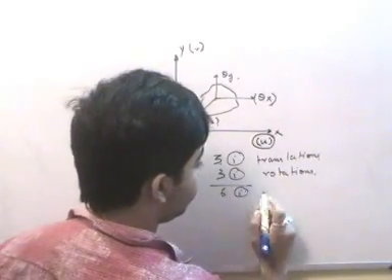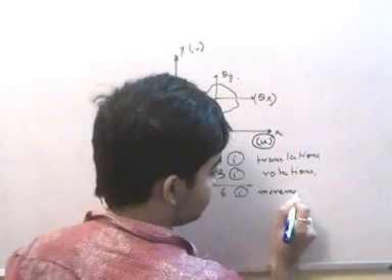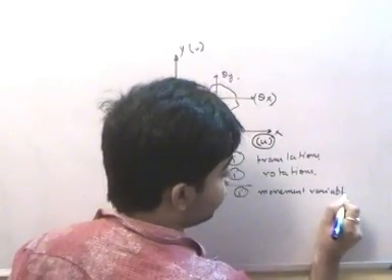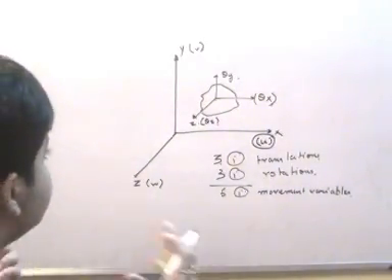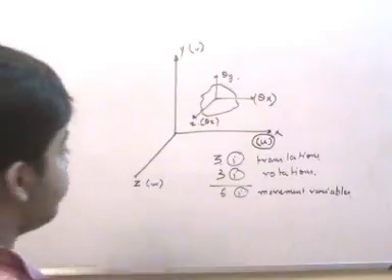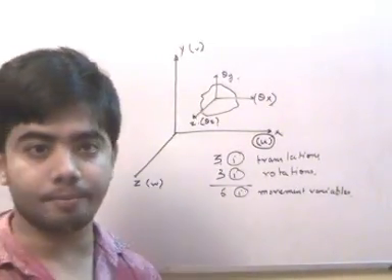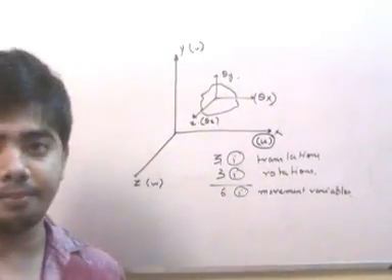So 6 independent movement variables that are required to describe the complete displaced geometry of this body in this 3D space. And these 6 are essentially called the degrees of freedom. So this is degree of freedom basically.